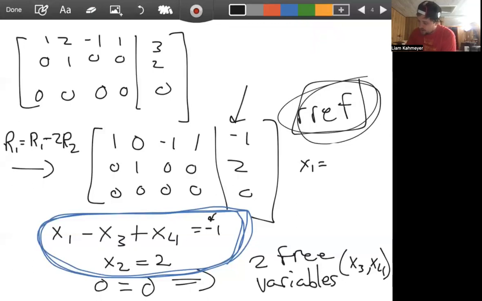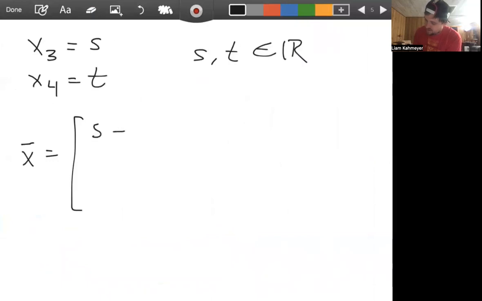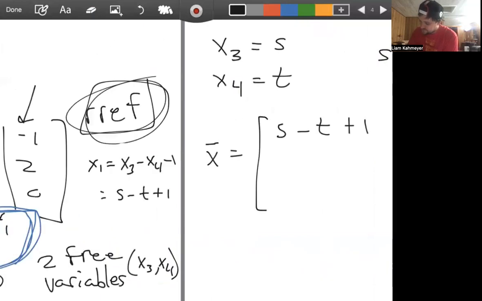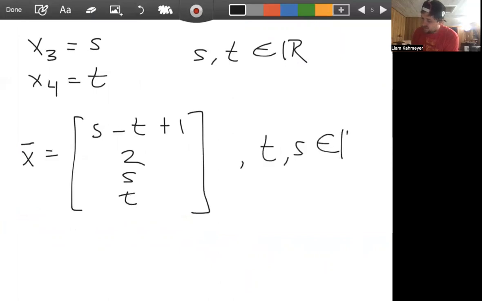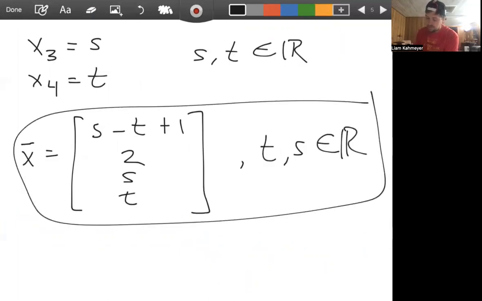This would be x1 equals x3 minus x4 minus 1, which is s minus t minus 1. And so here we have s minus t minus 1. x2 is 2, and then x3 is s, and x4 is t. These are all solutions for s and t in the real numbers.